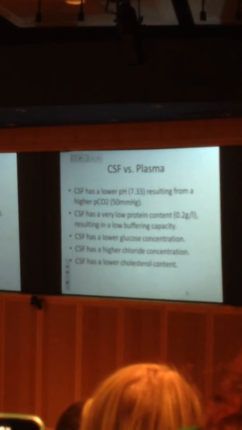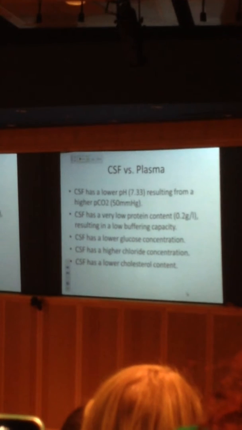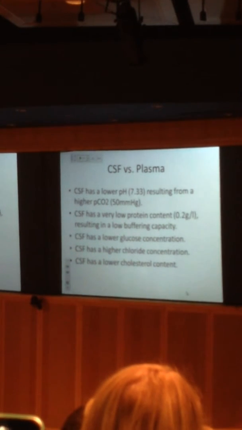This is because your brain cells have very high affinity glucose transporters that actively transport the glucose inside the cells and use it for energy. So that's why you can see CSF has a lower glucose concentration. They have a high chloride concentration, low cholesterol content. So they are different.